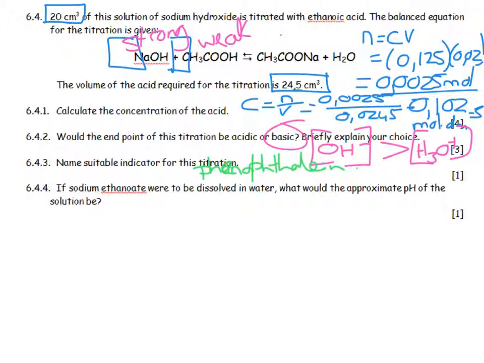So now we're talking about the salt that we have formed, which was sodium ethanoate, and what we are going to see is that it would have to be approximately 8, probably around 8 to 9 would be the pH of that solution.